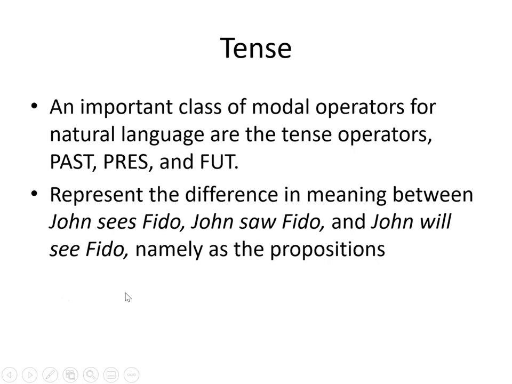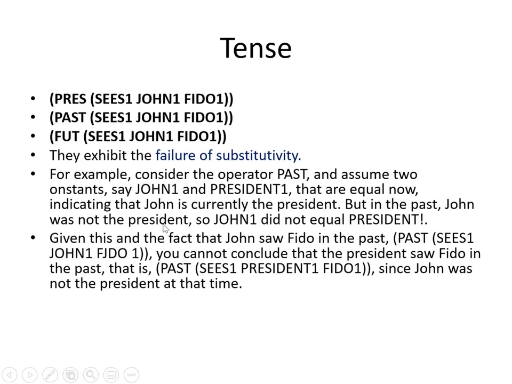Next is the tense. An important class of modal operators for natural language are the tense operators. Tense is also one kind of modal operator, where we have three tenses: past, present and future. It is used to represent the difference in meaning between John sees Fido, John saw Fido and John will see Fido, which are the propositions. How will you represent it?